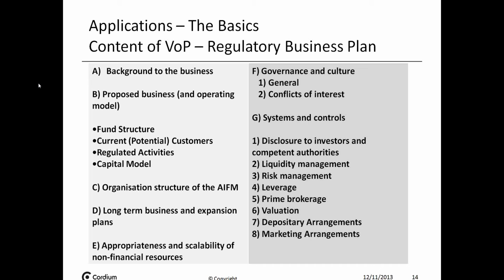It would be ideal also to highlight the types and structures. If you look at the Annex 4 submission information in terms of categories, it will help you define the type of firm that you're going to be.